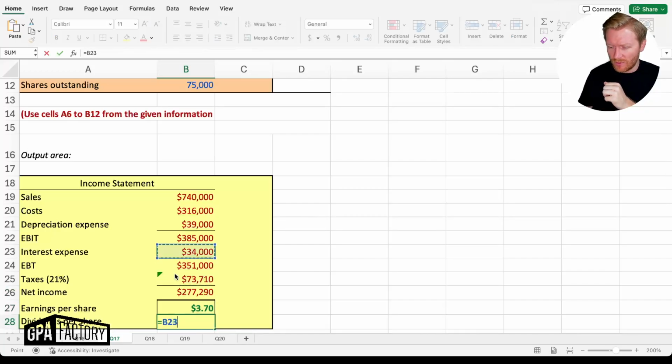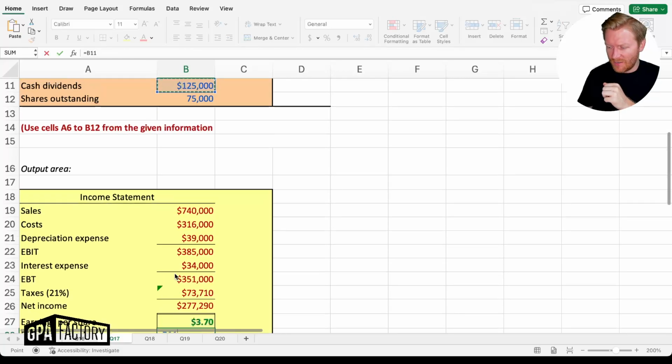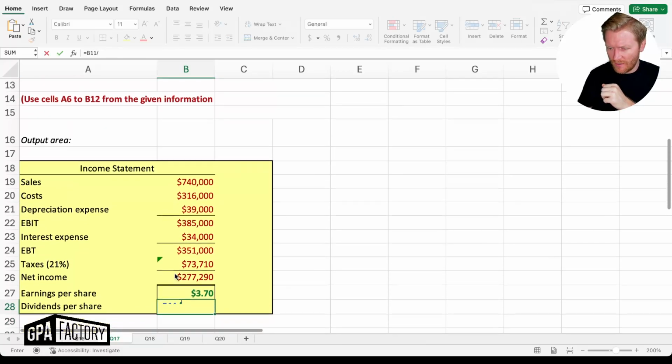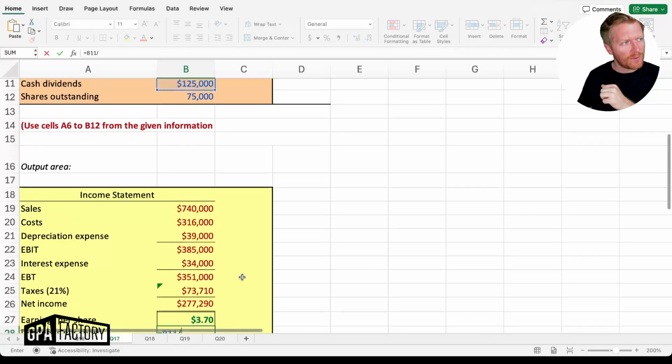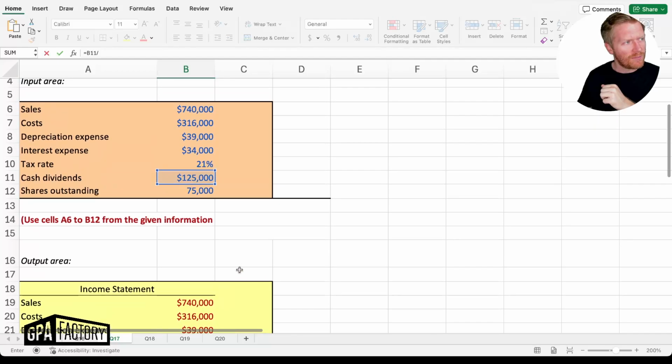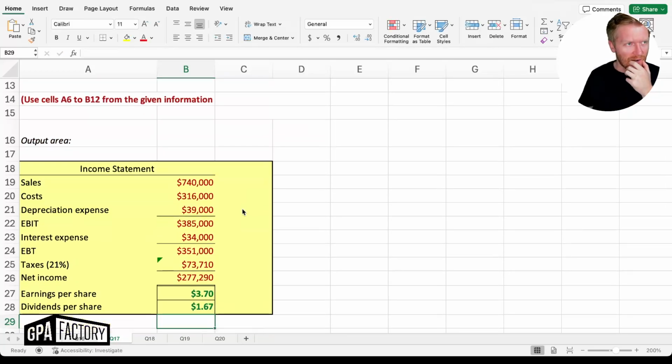We go equals, we're given cash dividends. We're just going to divide that by our shares outstanding. Good to go there. All right.